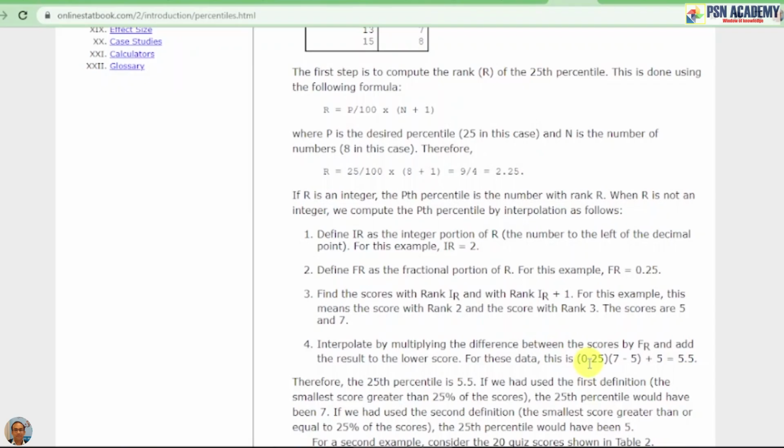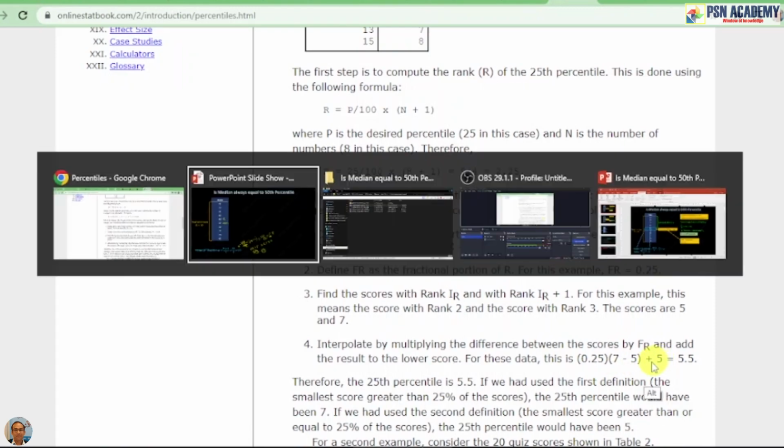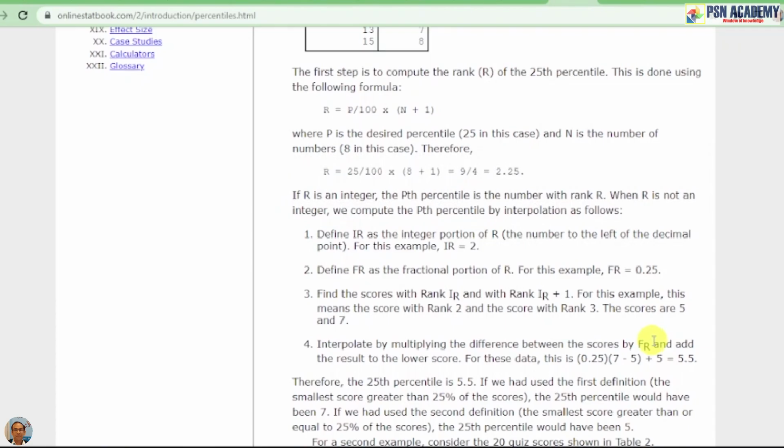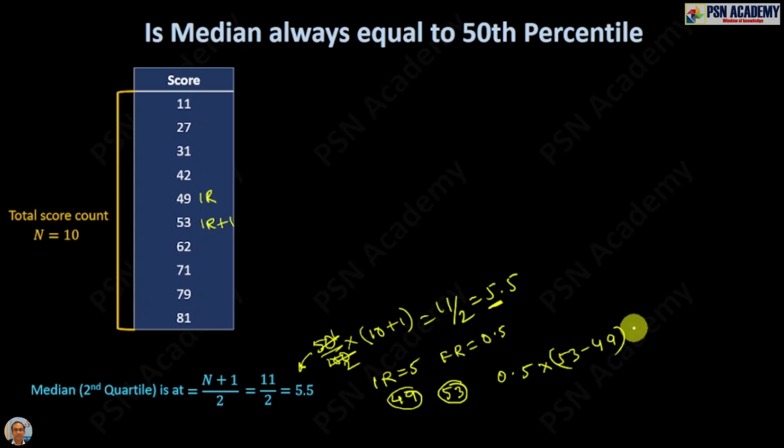Now 0.25 in his case will be 0.5 in our case. So 0.5 times 7 minus 5 plus 5 in his case. In our case, it will be 0.5 times 53 minus 49, right? Plus the lower score, here our lower score is 49.